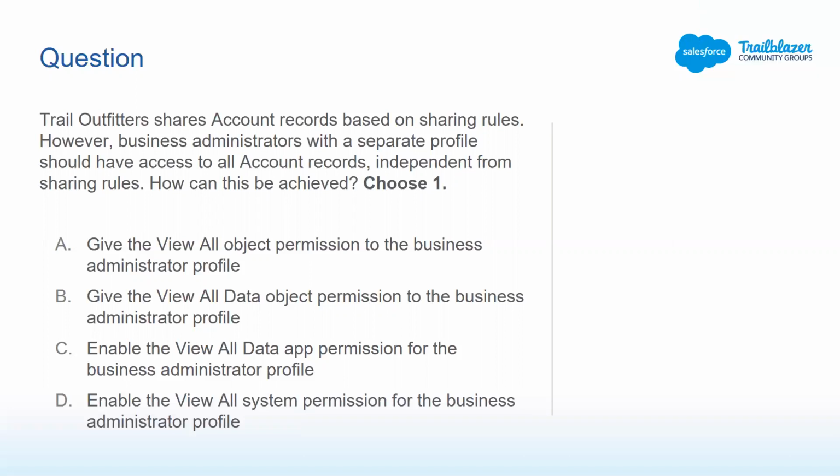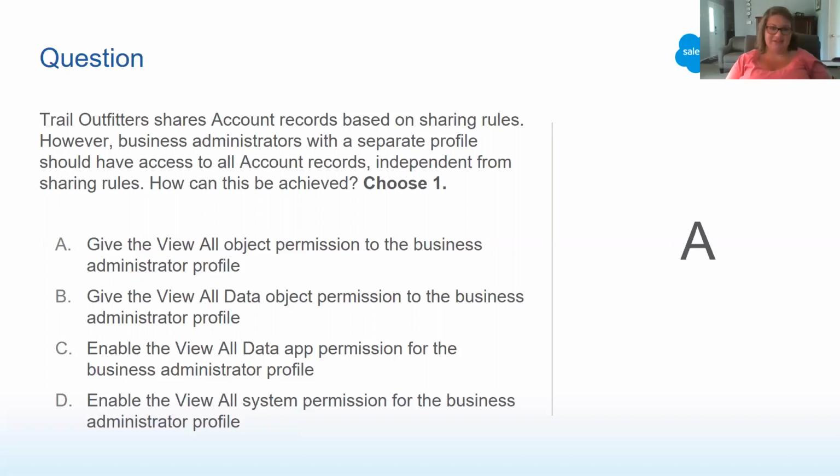Would it be A? Yep. It's the same thing on all exams, right? It's that wording. Just knowing that view all isn't a system permission eliminates D, things like that. So it's semantically tricky.